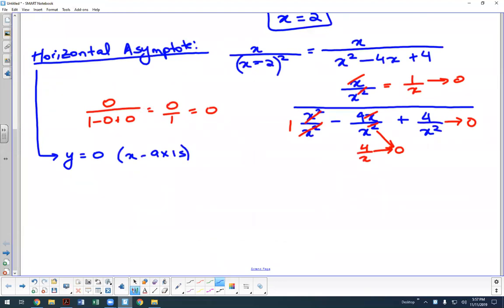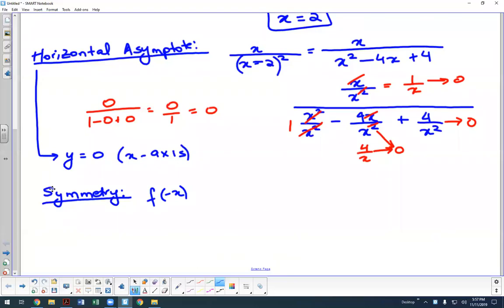So if you want to talk about symmetry, remember we replace our x with negative x and see are we having an even or an odd function, and based on that we can decide what kind of symmetry this function will have.